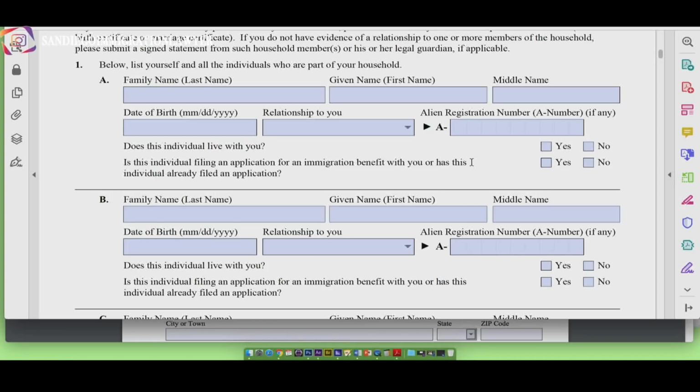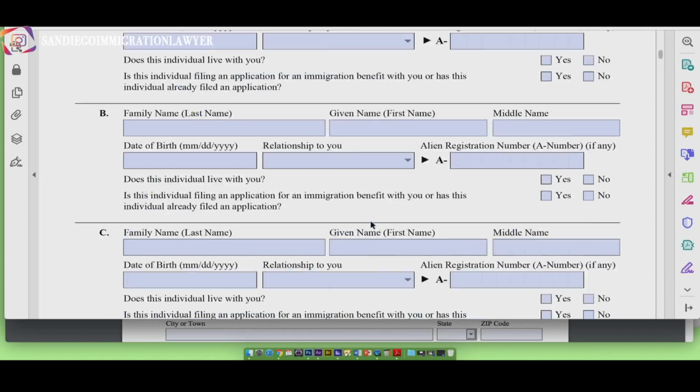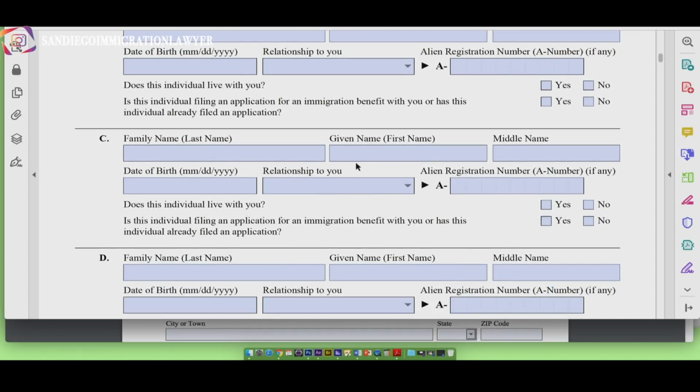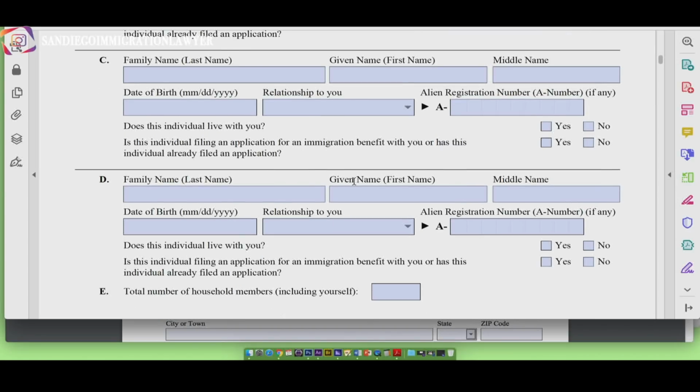So on page 2 in number 1, you are going to list yourself as the first person of the household. So you will put your information there, and then you will list the other people that are part of your household. You might want to put the petitioner as the next family member, and then any children that may be in the household or parents that may be in the household, you would list them next.